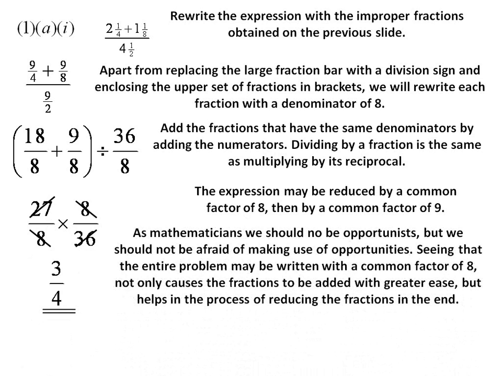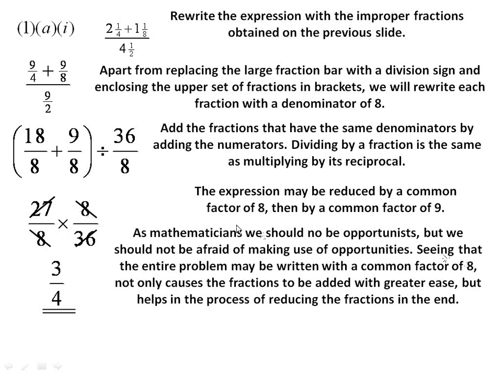As mathematicians, we should not be opportunists, but we should not be afraid of making use of opportunities. Seeing that the entire problem may be written with a common factor of 8 not only causes the fractions to be added with great ease, but helps in the process of reducing the fractions in the end, where we have 8 cancelling 8.